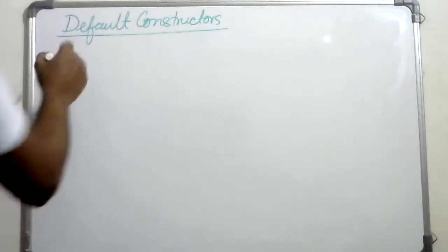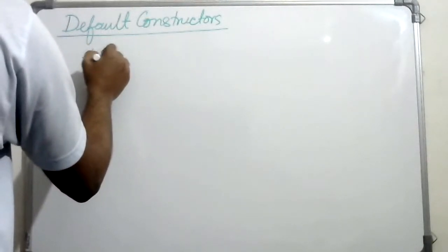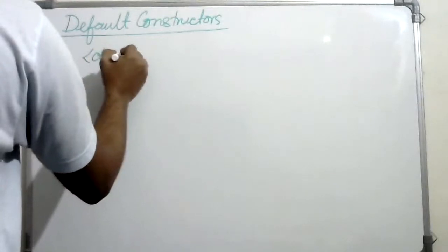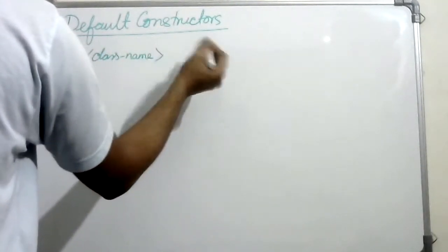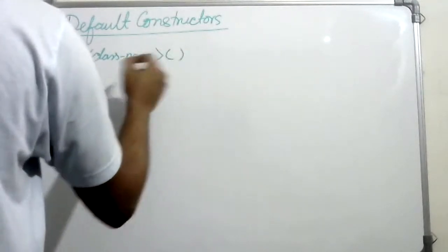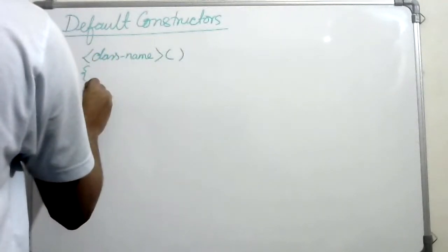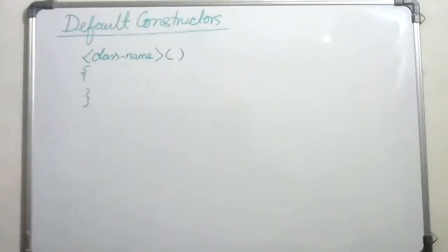So the syntax of a default constructor is pretty simple. Class name, which is the name of the constructor, no arguments, and nothing inside. So that's the general syntax of a default constructor. Now let's take a look at an example with a class.